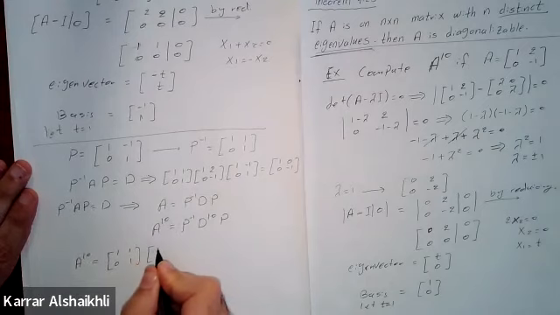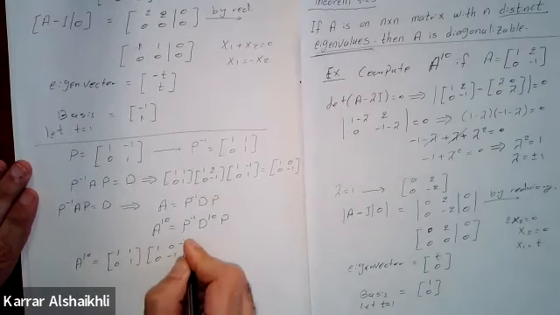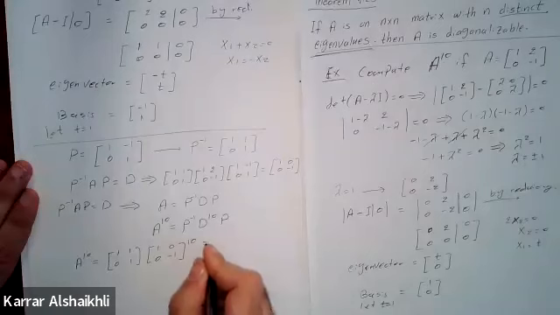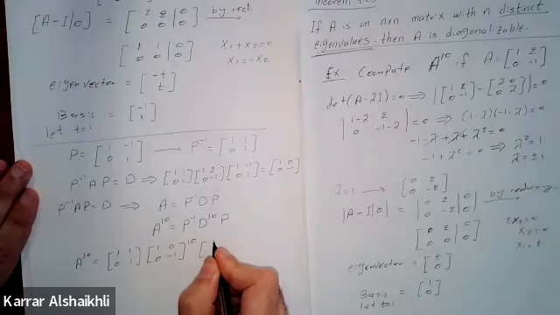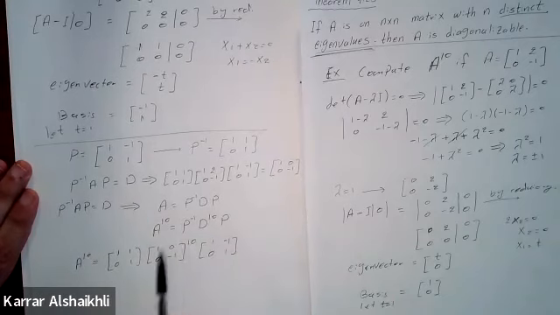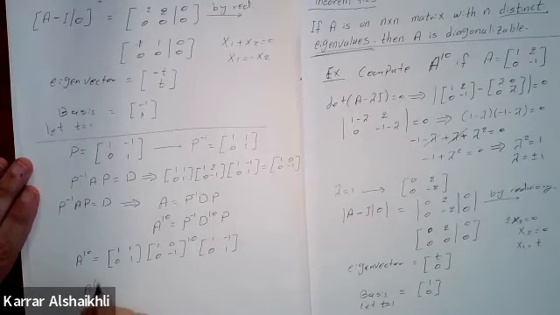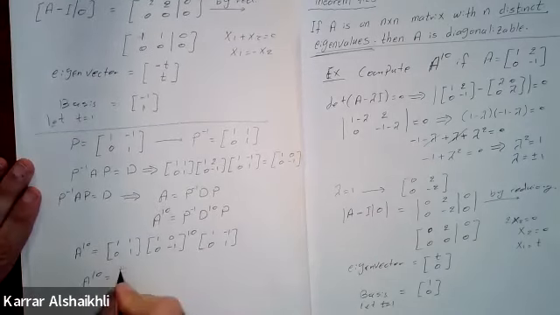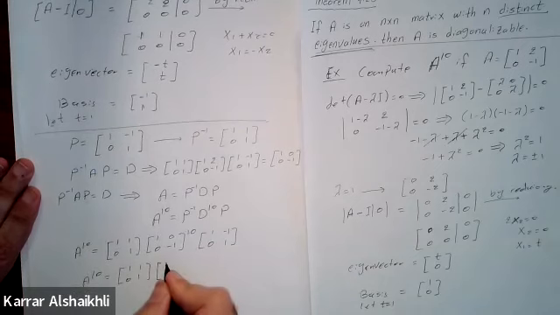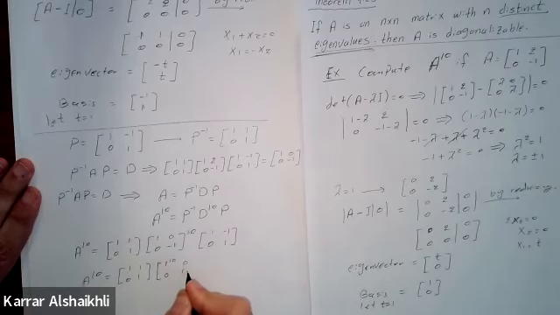Here's the D, 1, 0, 0, negative 1, but to the power 10, and here is the P, which is 1, negative 1, 0, 1. D to the power 10 means each element is going to be to the power 10. So A to the power 10 is going to be 1, 1, 0, 1. I'm going to write it down here. So 1 to the power 10, this is 0, this is 0, this is negative 1 to the power 10.